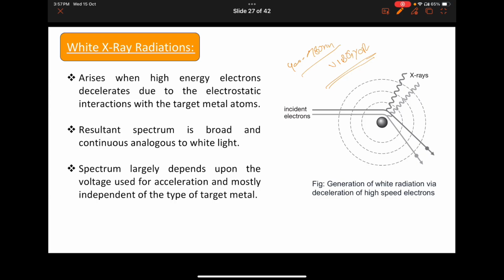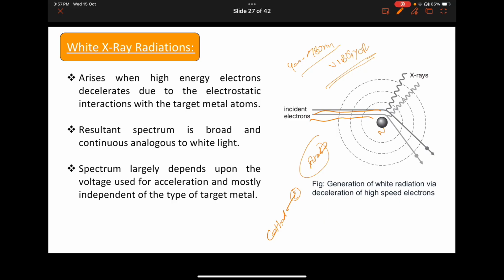Electrons are given off by the cathode; the cathode is shooting out electrons at the anode. The anode has atoms. As we can see, this is the nucleus, this is the electron cloud, and these electrons interact with these atoms. The electrons coming out of the cathode interact with the atoms of the anode.